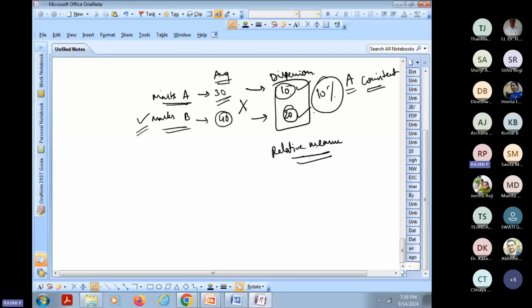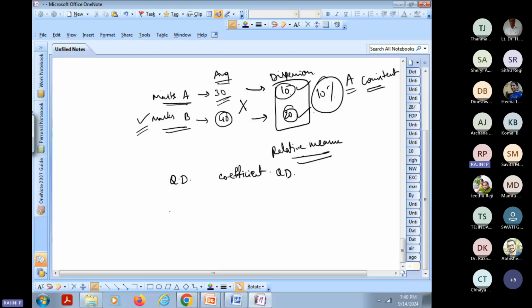Among all the measures of dispersion, remember, if the data is qualitative, then go for the quartile deviation in absolute, and in relative, you need to go for the coefficient of quartile deviation.